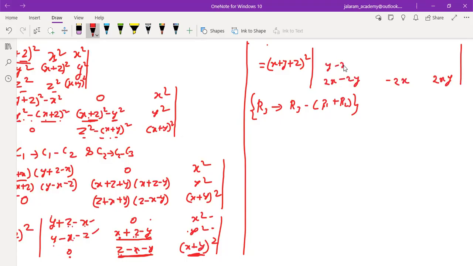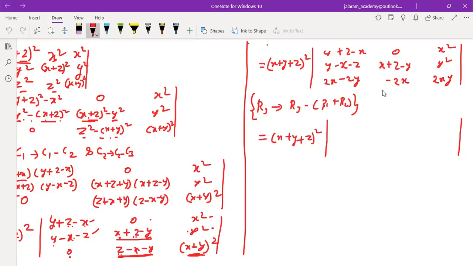Next rows are written as they are: y minus x minus z, x plus z minus y, y square, y plus z minus x, 0, and x square, equals x plus y plus z whole square into.